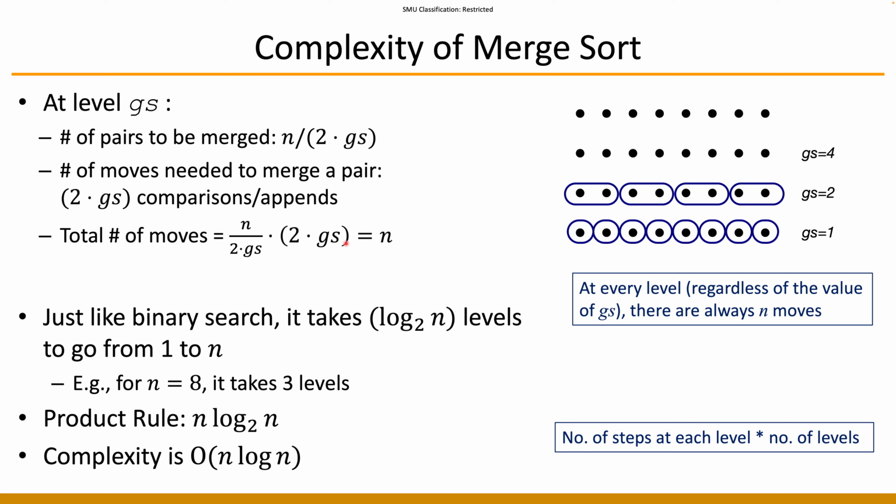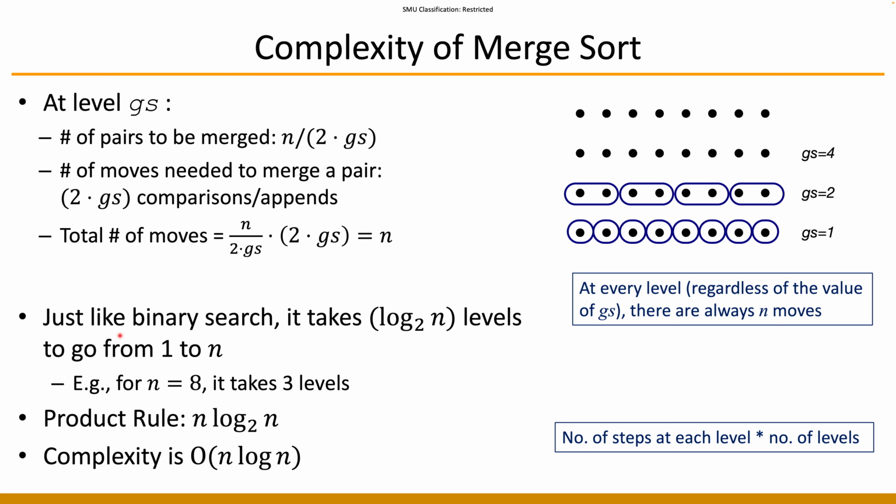So I think this is the first crucial number. Every level is actually n. Now here comes the most important part. The major saving is the number of times it takes you to go from GS 1 to eventually the full list size of n. We have talked about this number before.